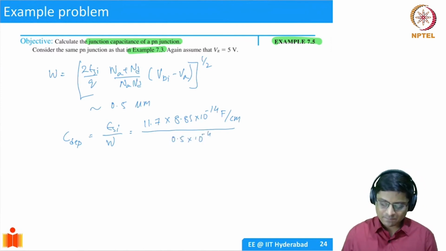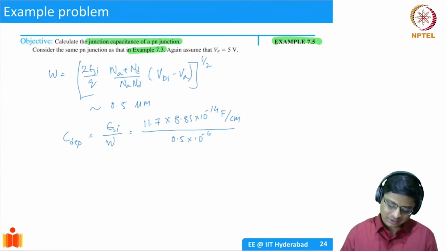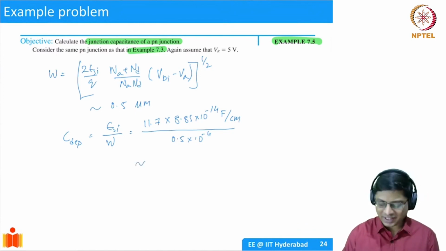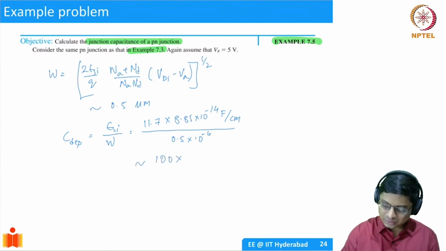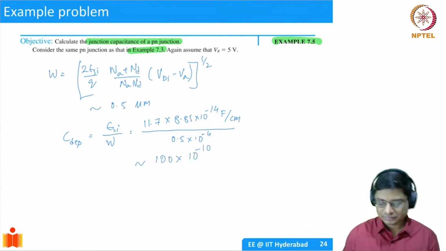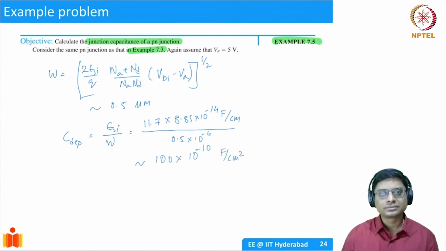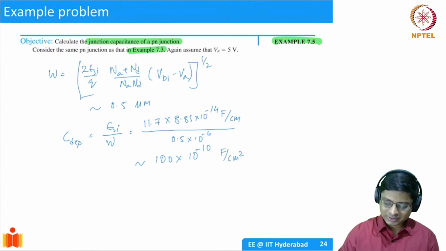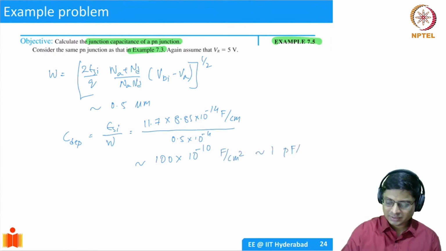So what is this going to be? Something in the order of 11. I'll make it 10. That one also I'll make it 10. 10 into 10, 100. 100 into 10 power minus 10 farad per centimeter square. So this is equal to 1 picofarad per centimeter square.